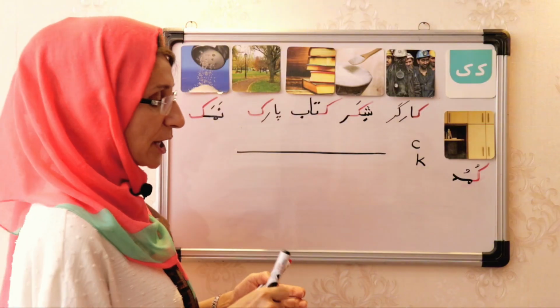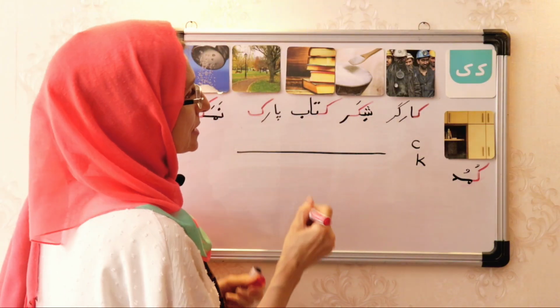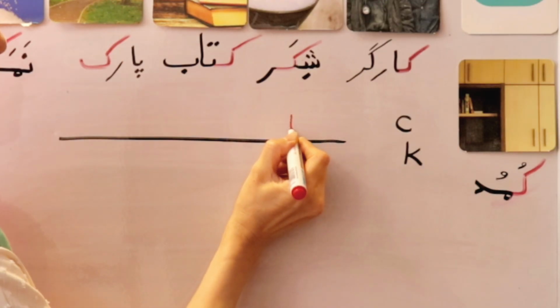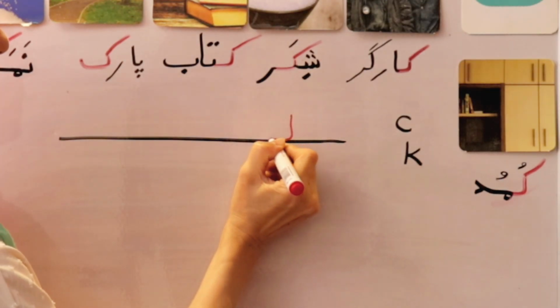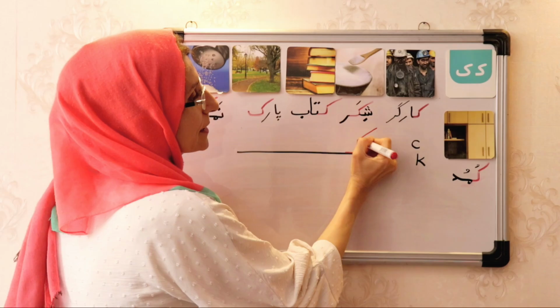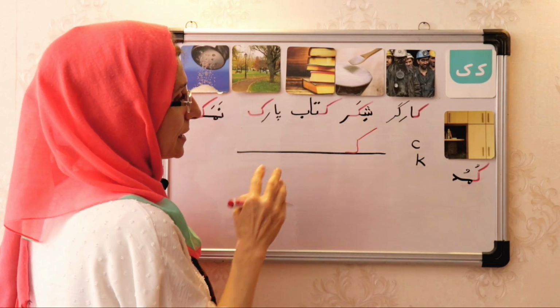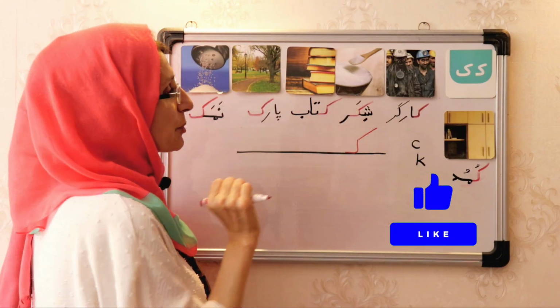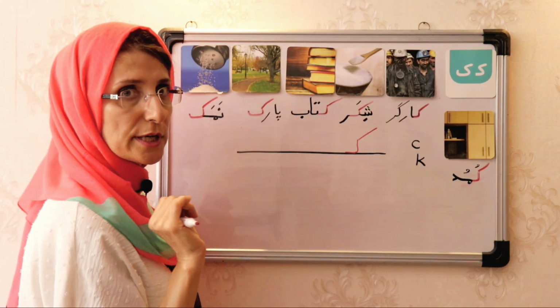But when you are writing, you should write in this way: up to bottom, a very beautiful curve here, and this line, K. You can connect or don't connect, but in handwriting mostly we don't connect.